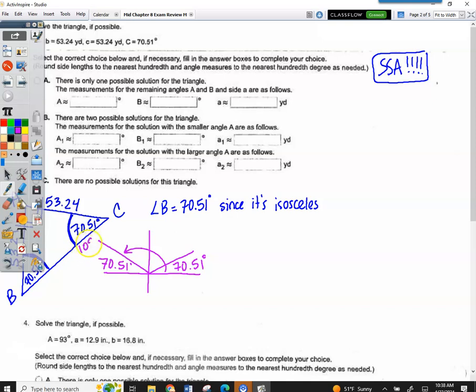Yep. Okay, and then you're going to ask yourself, but is that possible given my picture so far? So this is where I say to myself, if angle B was actually obtuse, 109.49, and then pull your info that they gave you to start with, angle C is 70.51, then angle A will equal what?